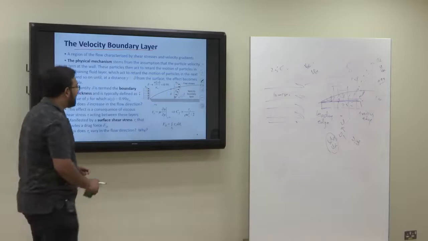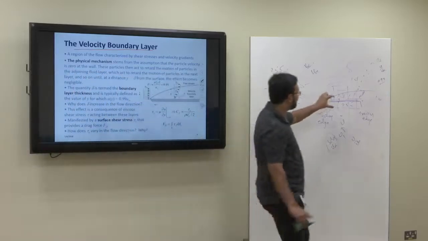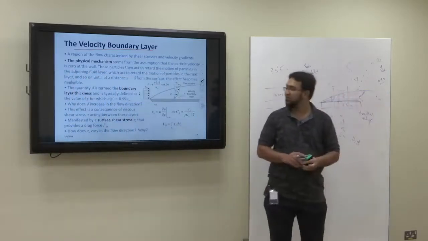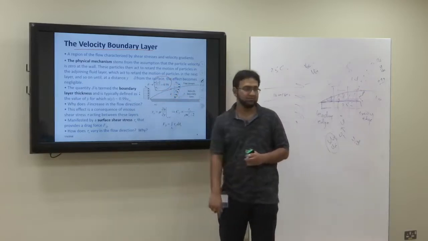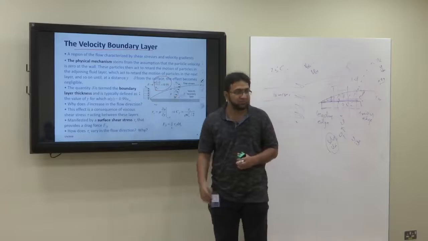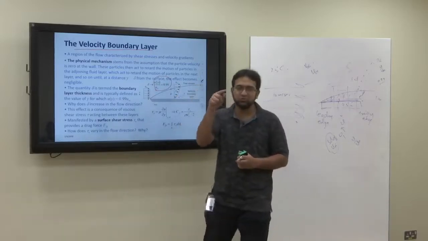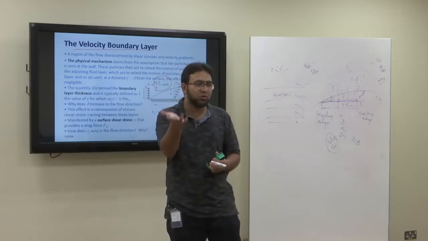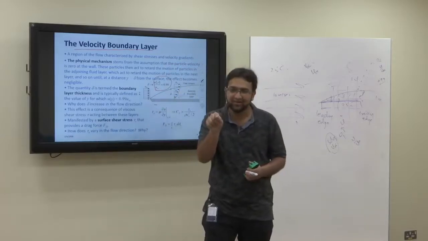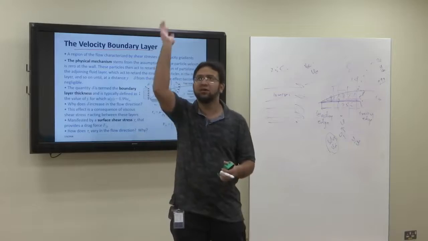So normally the boundary layer thickness is determined for u upon u infinity equals 0.99. Actually the boundary layer exists at u upon u infinity equals 1, but you will only know when it becomes 0.99. Otherwise everywhere outside it's 1.